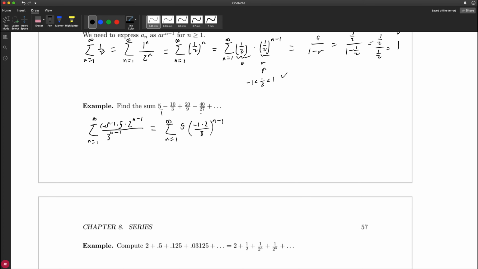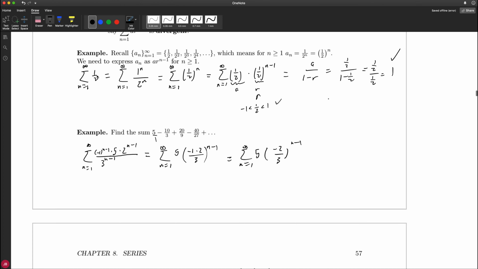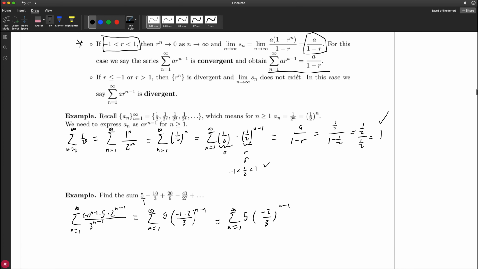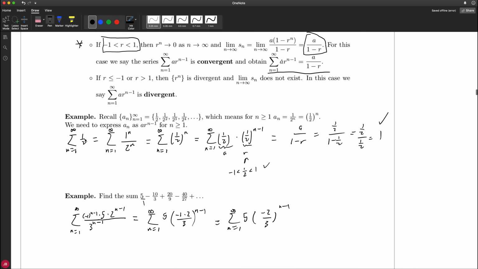And this is the sum n equals 1 to infinity, 5 times minus 2 over 3, all to the n minus 1. And you'll notice this is exactly in the right form, right? It's a number times something raised to the n minus 1 power, where my series starts at 1. My a value is 5, and my r value is minus 2/3.